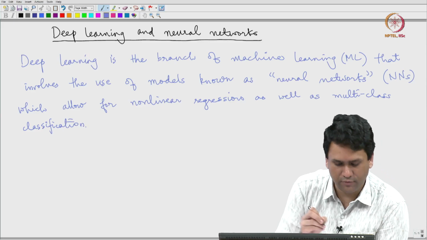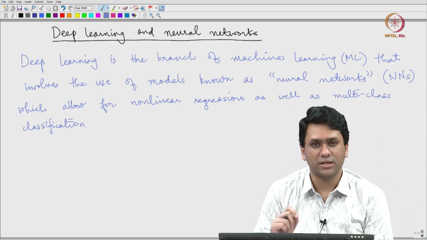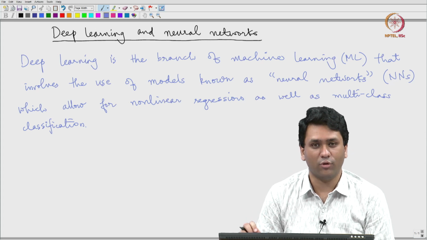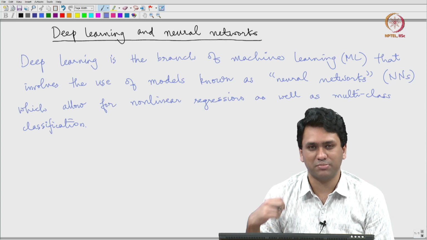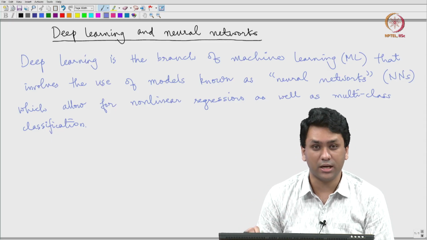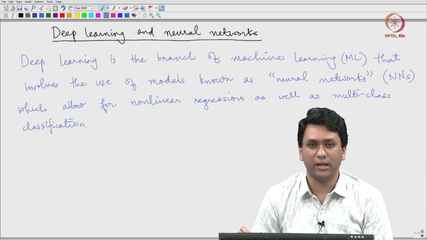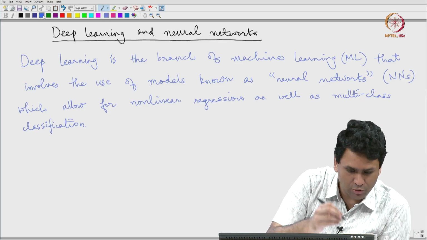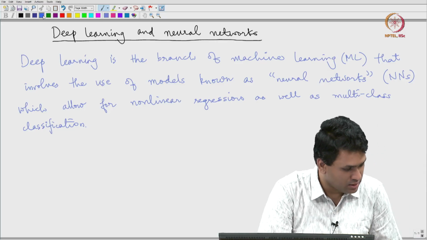Okay, so you can use it for both regression as well as multi-class classification, and neural networks can have non-linearities built into them. So, you can explain any kind of data, linear data of course, for which you do not really need neural networks, and a lot of complex multivariate non-linear data where deep learning and neural networks play a very important role.